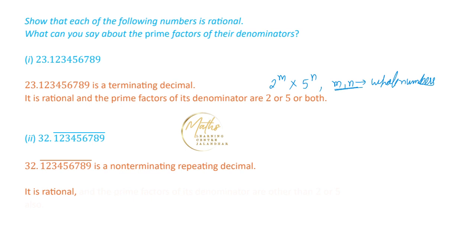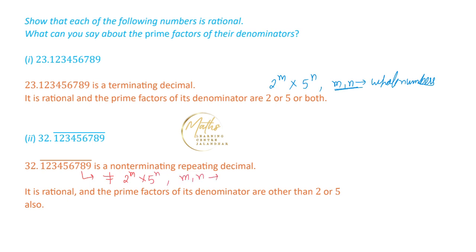And because it is a repeating decimal, the prime factors of the denominator are other than 2 or 5. It means that if we do the prime factorization of the denominator, it will not be of the form 2 raised to the power m into 5 raised to the power n, where m and n are non-negative integers.